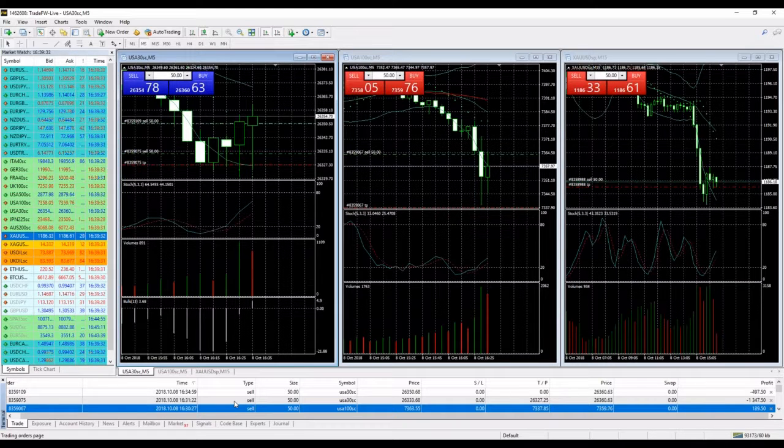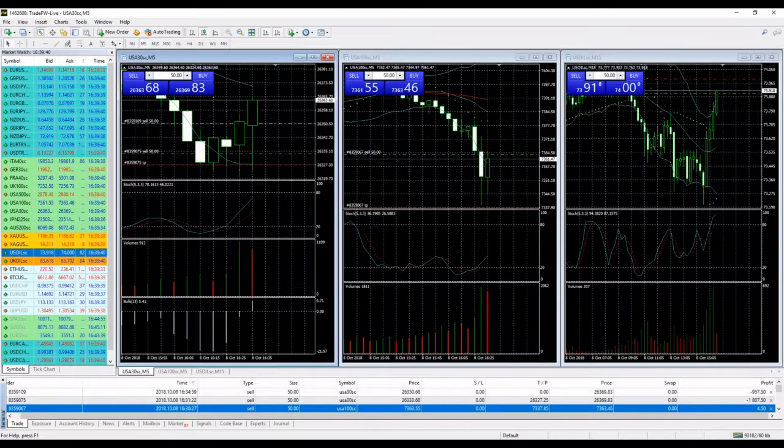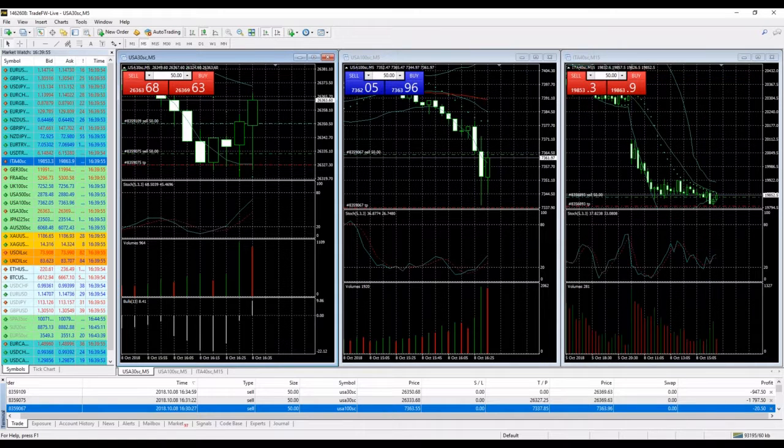I don't want to keep them for longer. Let's see what's going on with oil. Okay, oil is giving us a small profit. We are aiming here for a profit of $400. Also Italy 40 needs a bit of time.